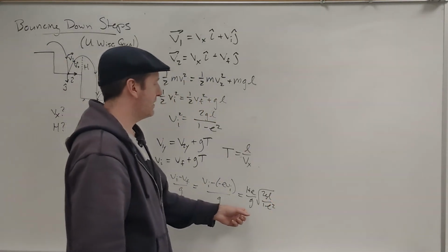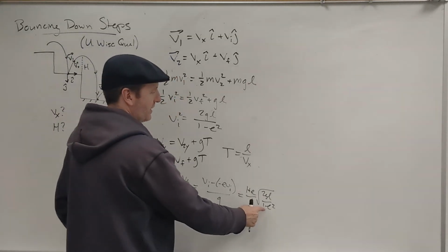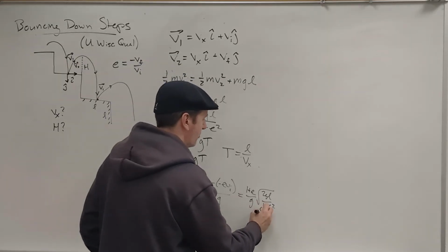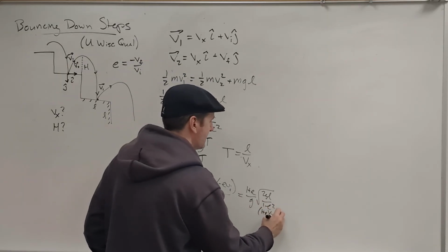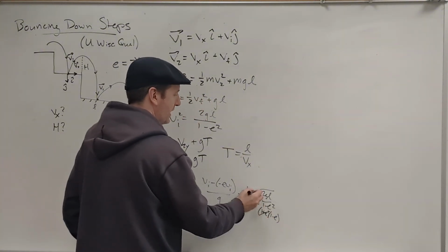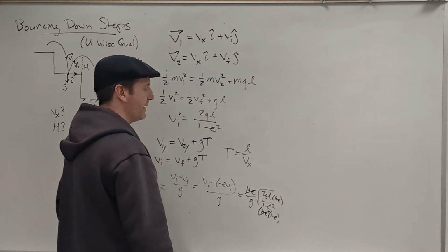And the reason I want to write it like this is when I go solve for vx, this is a difference of squares. So I can factor it as 1 plus e times 1 minus e, which means when I bring that 1 plus e inside, it'll cancel here and be left with just a 1 plus e.